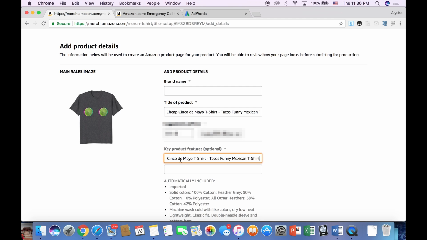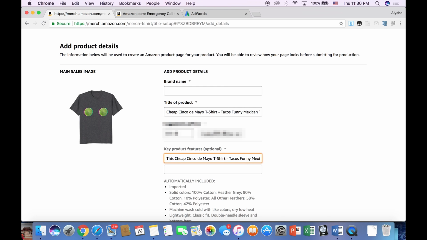Now we're moving on to the descriptions. First off, what I'm going to do is just copy and paste it in here because we want to use the same sort of keywords and really just hone in and target this Cinco de Mayo idea, this Mexican tacos, funny, cheap. We want to put that in our description also.